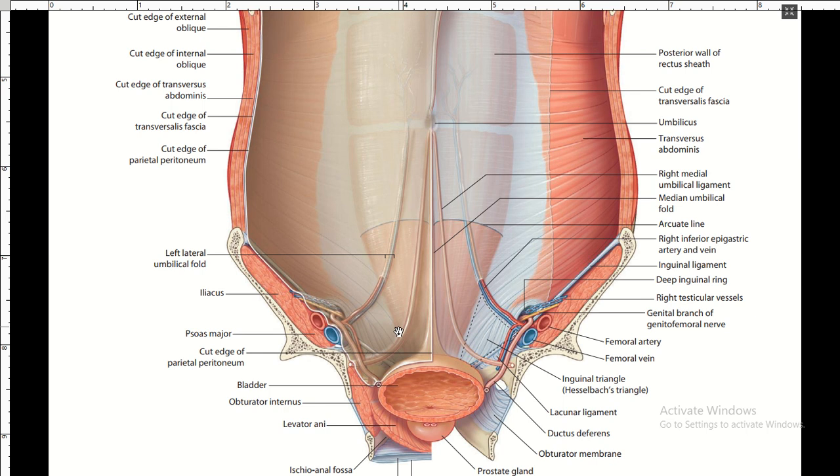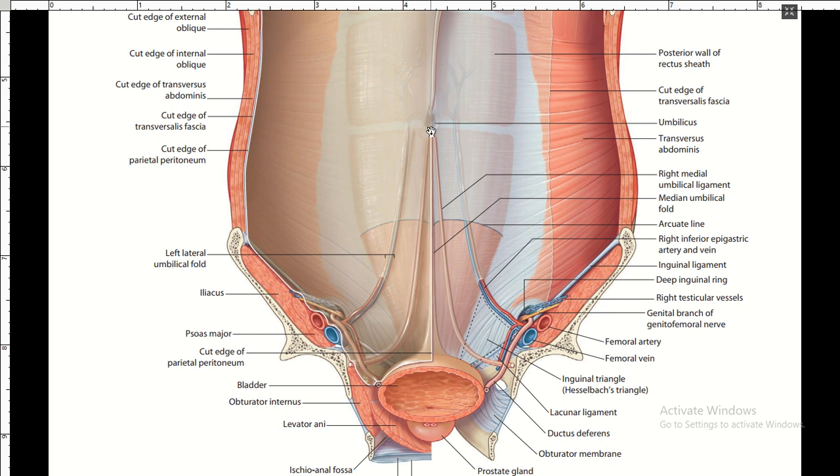And then we are going to have this one and this one. These are your medial umbilical folds. The medial umbilical folds are formed by the obliterated umbilical arteries. Remember, the umbilicus is where your umbilical cord was found.